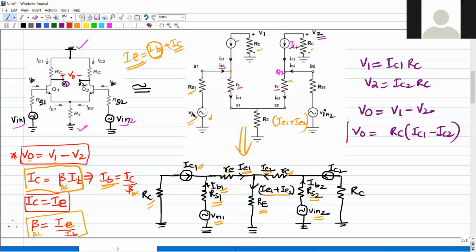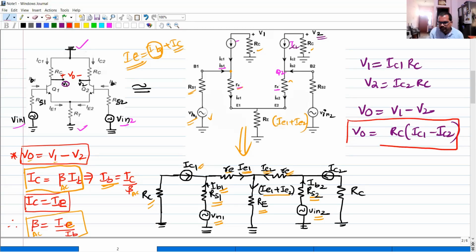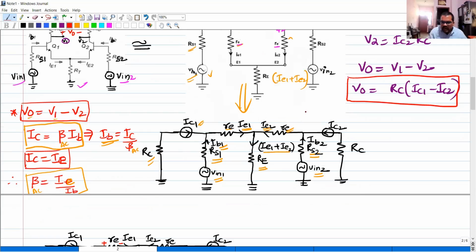Is it right? Now I hope everyone is clear about this figure. Are there any doubts? Ask now itself. Okay, thank you.